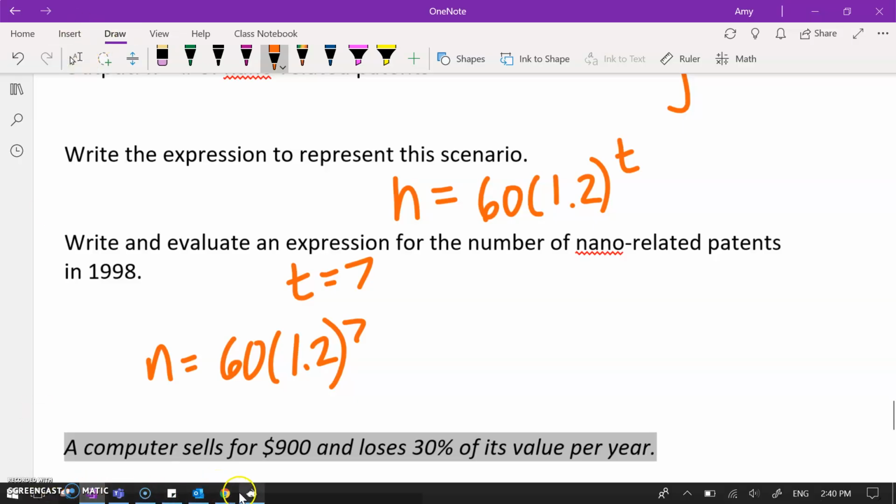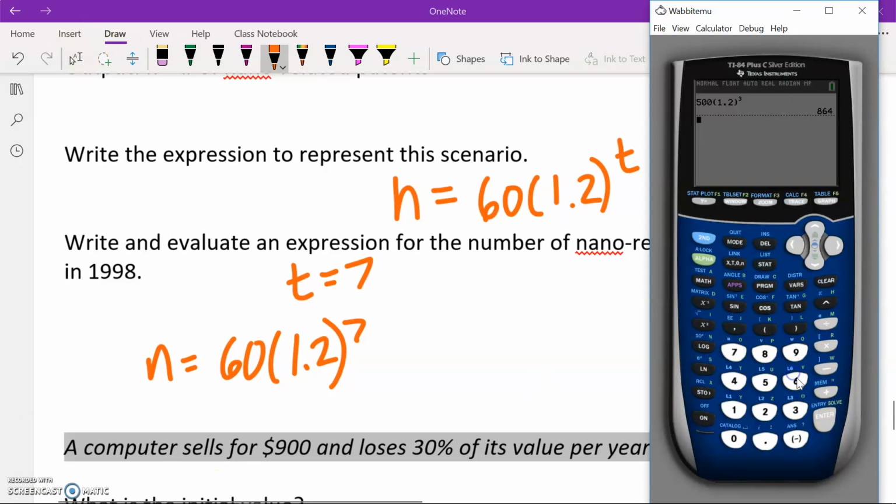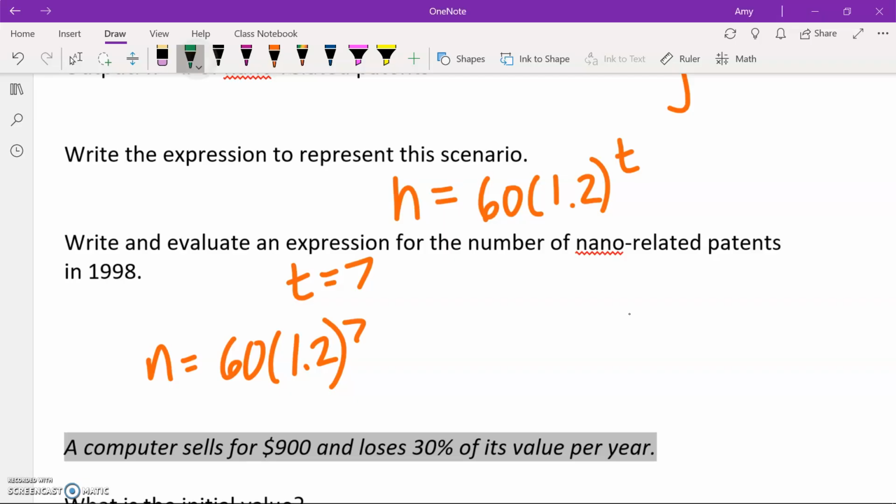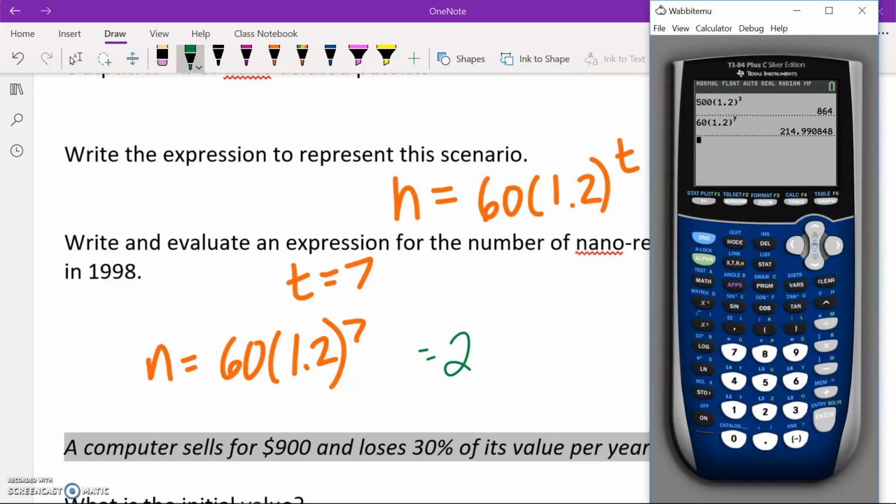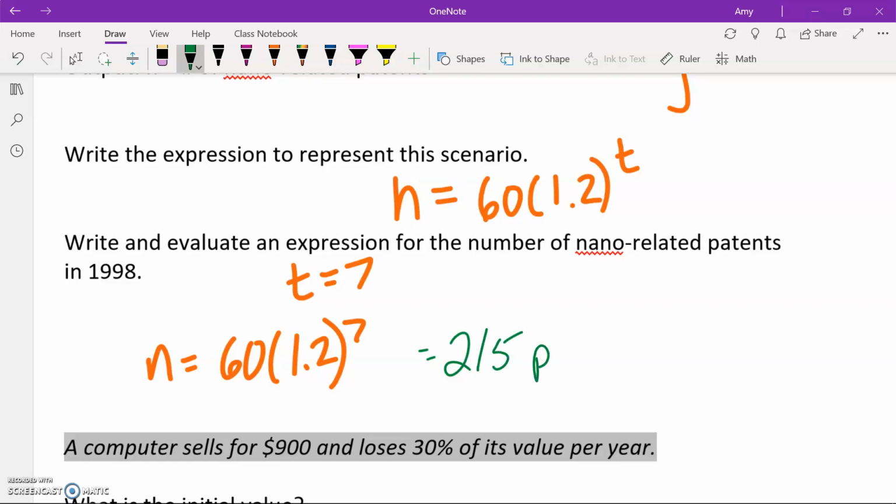And if I take my calculator, I could do 60 times 1.2 to the power of 7, and we get 214.99. Now, because this is patents, you can't have half of a patent. So we are going to round that up to 215 patents.